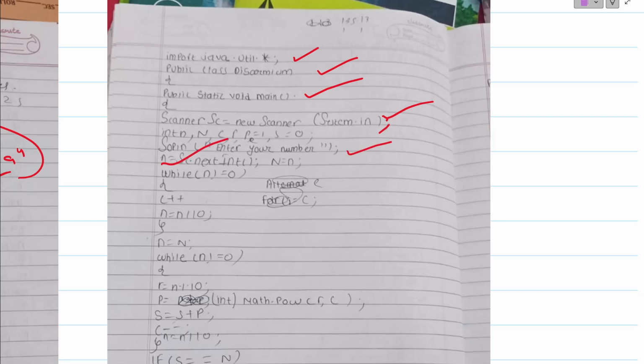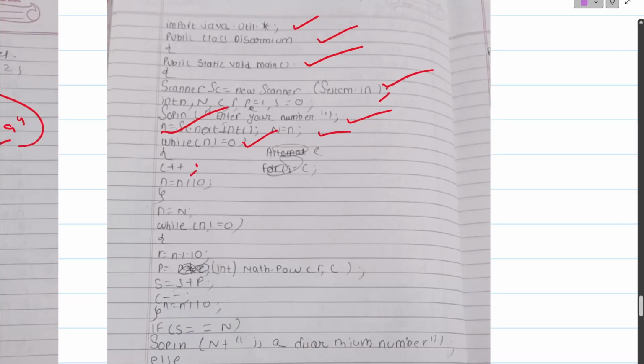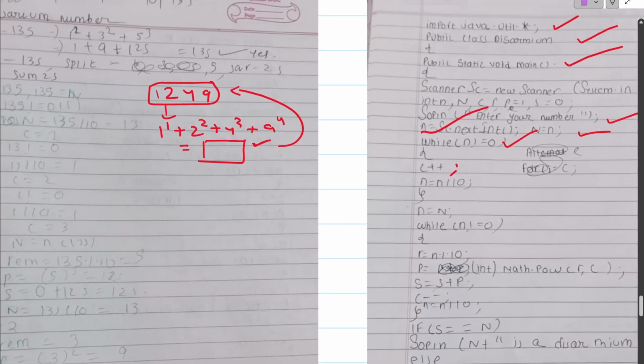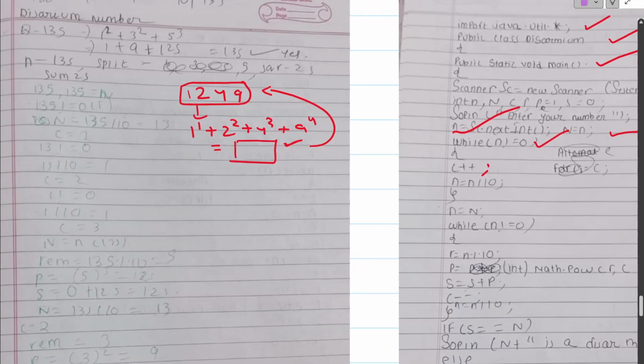The original number is safely stored in uppercase N, and here the student is checking the number of digits as well. Do we need to check the number of digits? Yes, the number of digits has to be checked, because if you do not check the number of digits, how will you think of the last power.